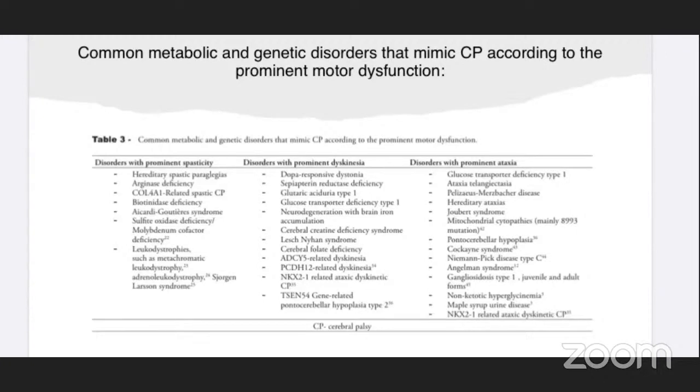For disorders with prominent ataxia, we have ataxia telangiectasia, Pelizaeus-Merzbacher disease, Joubert syndrome, and Niemann-Pick, and the list goes on as well.